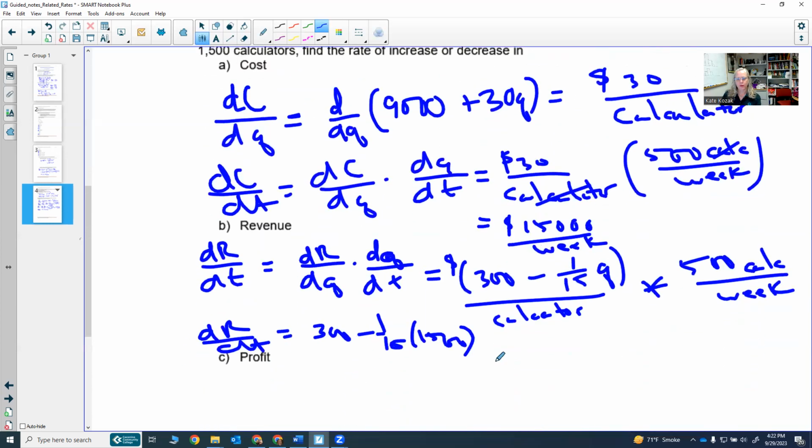That's how we got Q. So Q is equal to 1500. You're going to multiply that together, and then you're going to multiply that by your 500 calculators per week. And that's going to give you, your revenue is $100,000 per week.